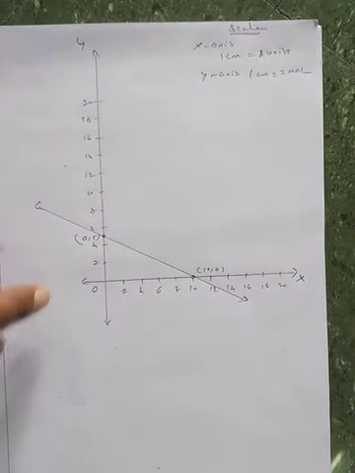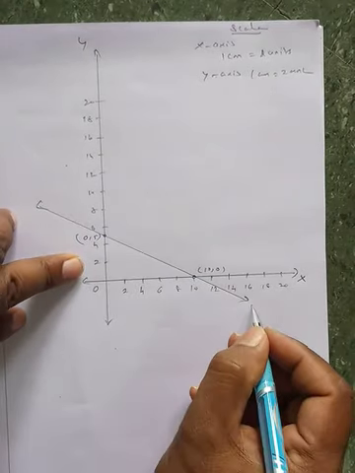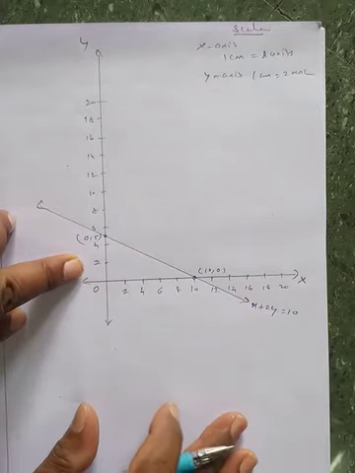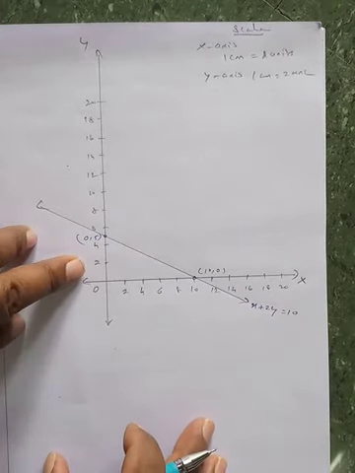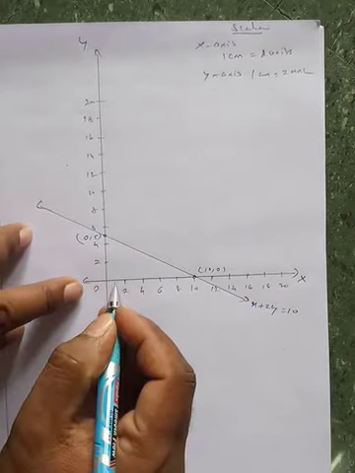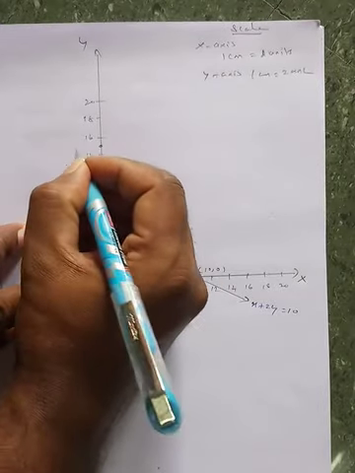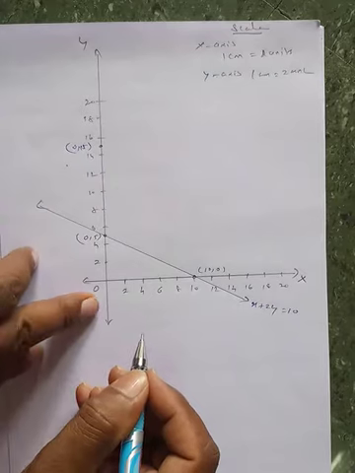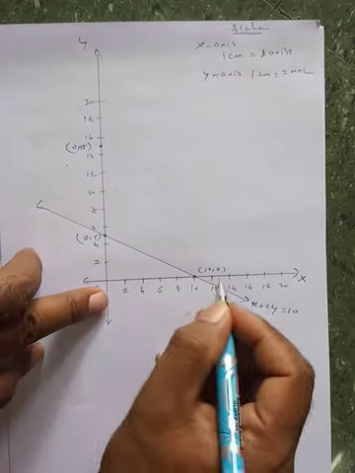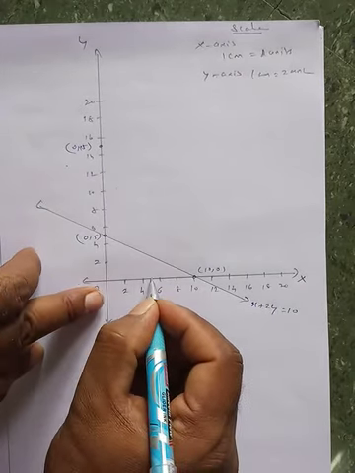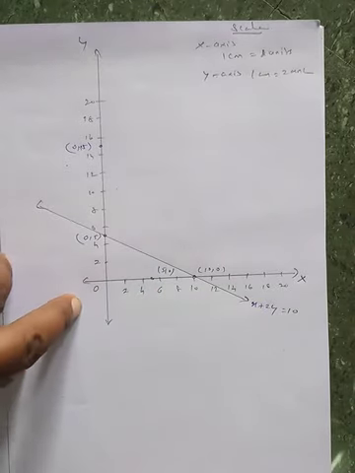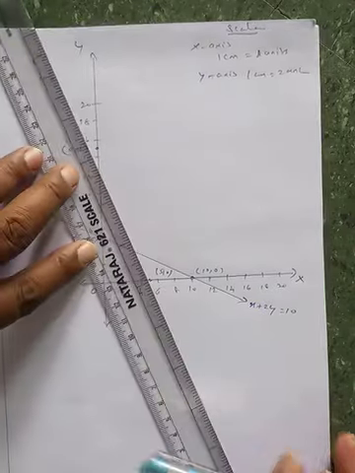The name of the line is x plus 2y is equal to 10. Next, (0, 15) and (5, 0). This is the point (5, 0). Join.